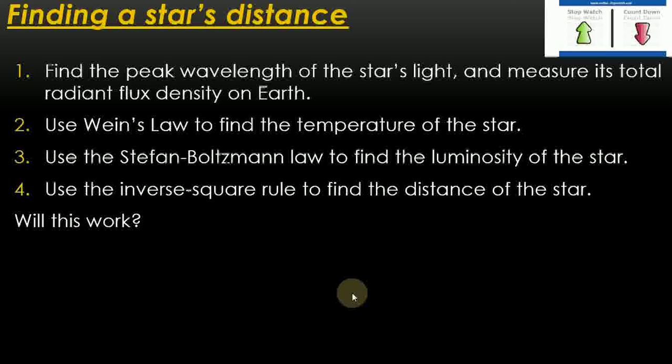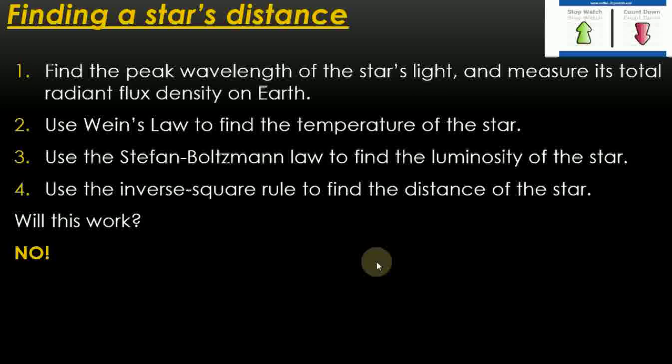But from its blackbody distribution, from the most frequent wavelength, that will tell us the star's temperature. And from the star's temperature, we can then find its actual luminosity. So we now know how brightly it's shining, and we know how much energy is reaching us. So we can then use the inverse square law to find the distance of the star.